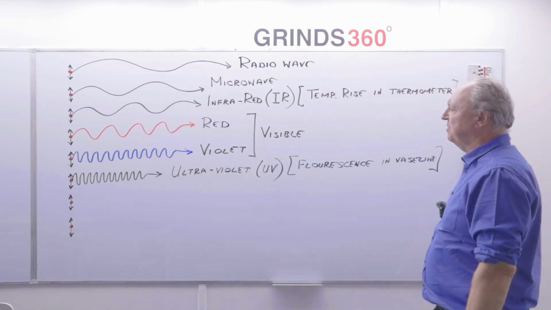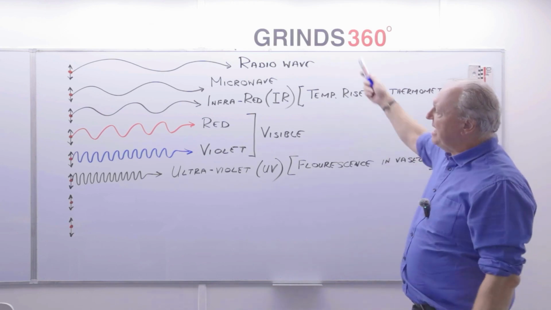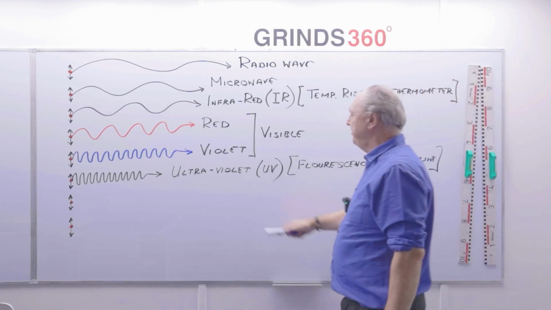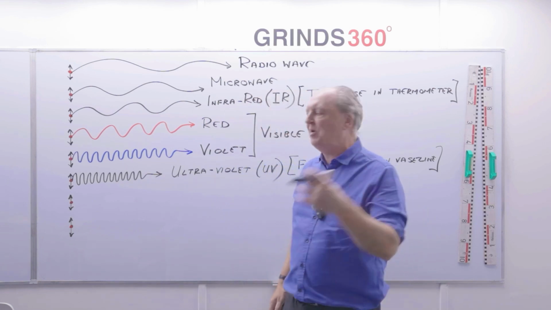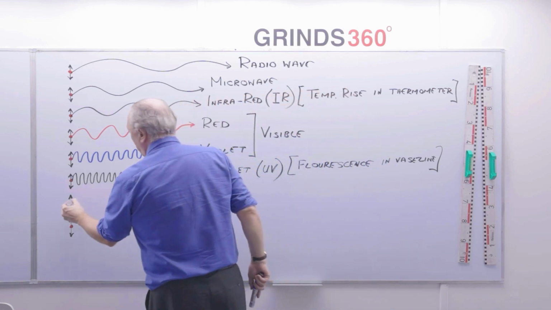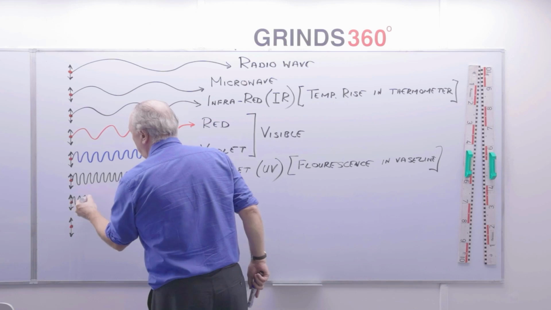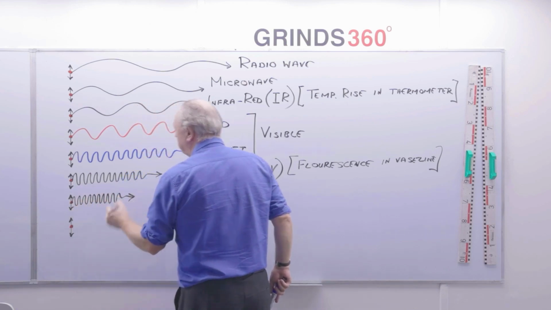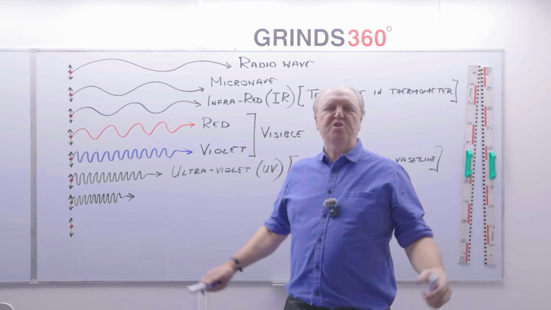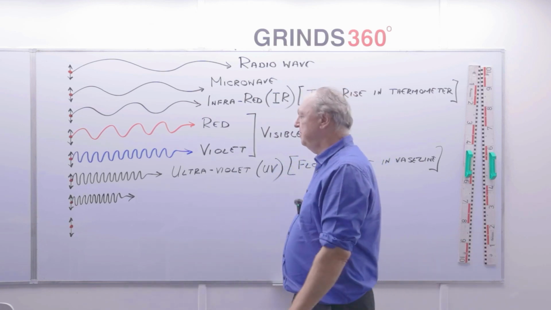They've so little energy. And then if I come down the other end of the list, and beyond the ultraviolet, my electron vibrates even more quickly, then I will get a wave that's got an even smaller wavelength. When they were discovered, they had no idea what they were.